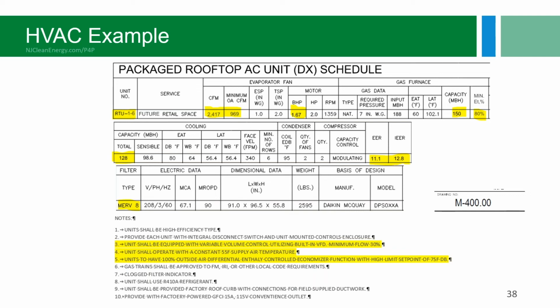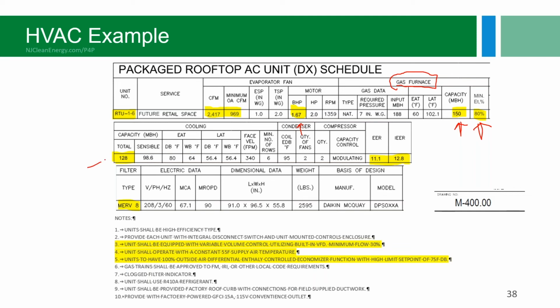And so we've got 6 packaged rooftop units, and we've got the CFM, we've got the outside air CFM, we've got the brake horsepower for the supply fan motor, we've got our gas furnace output capacity, we've got our thermal efficiency for the gas furnace, we've got the fact that it's a gas furnace and not a hot water coil or something else, so that tells us our system type.